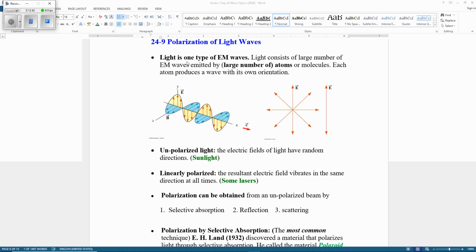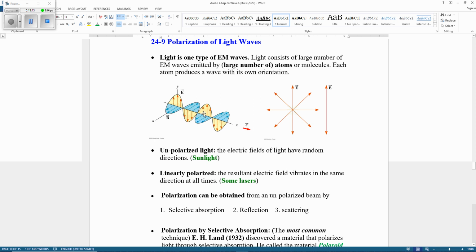Light is one type of EM wave we already studied. So the EM wave travels this way. That's the electric field, and then the magnetic field. They are perpendicular, and both perpendicular to the traveling direction. Now natural light, like sunlight, is like this.